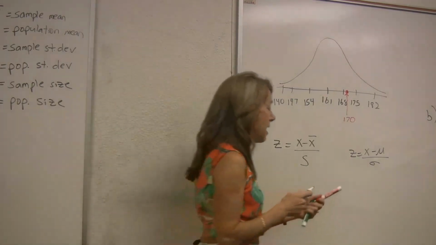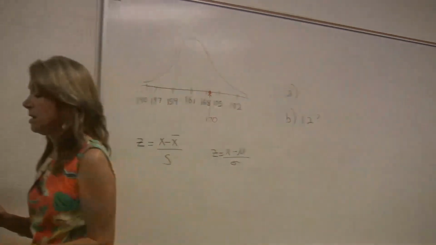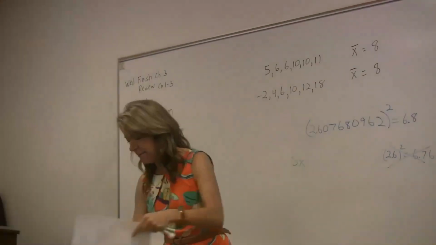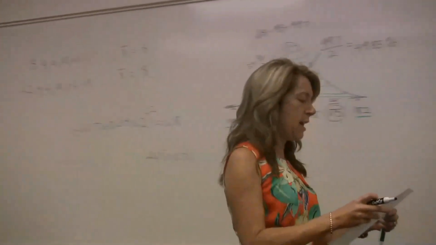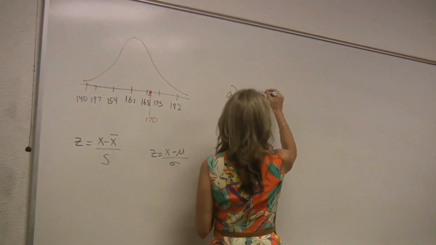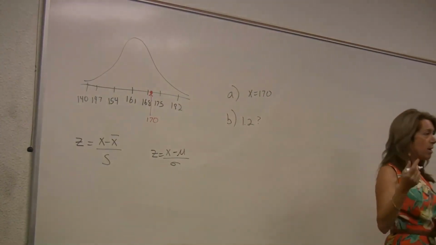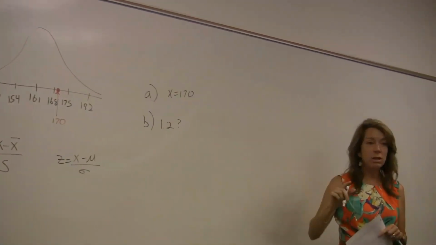What I want to do now is find the z-score up in part A, and then we're going to talk about part B again. It says find the z-score, which means plug stuff into our formula. So we want to find z for 170. They're telling me that x is 170, the specific value they're talking about. We want to turn that into a z-score using our beautiful formula.